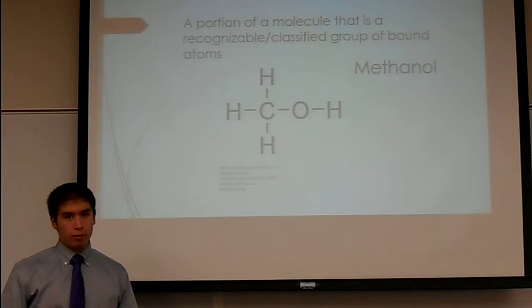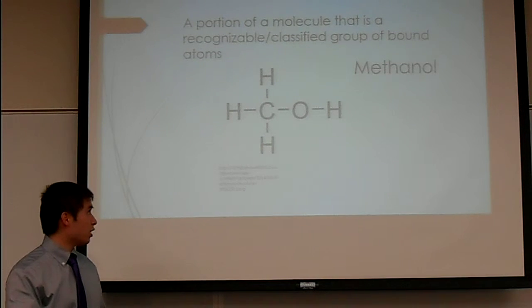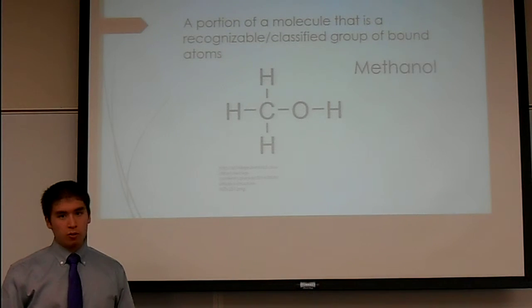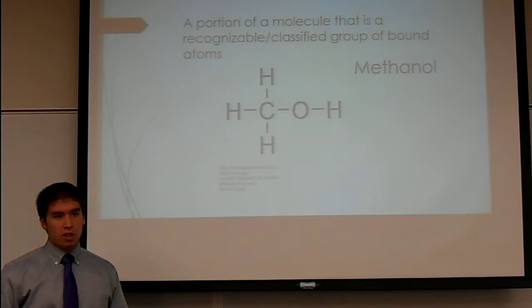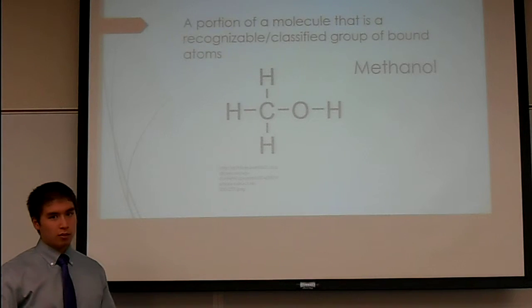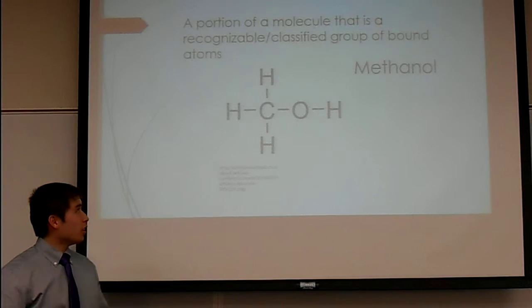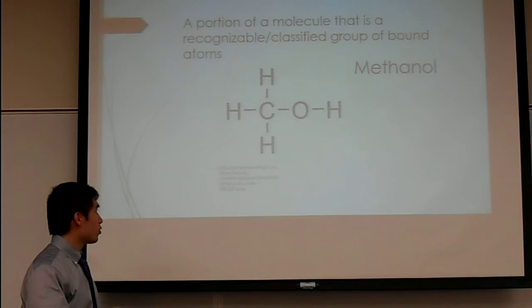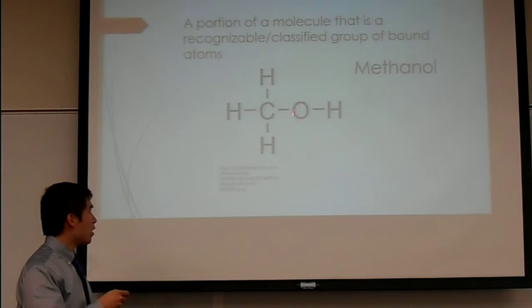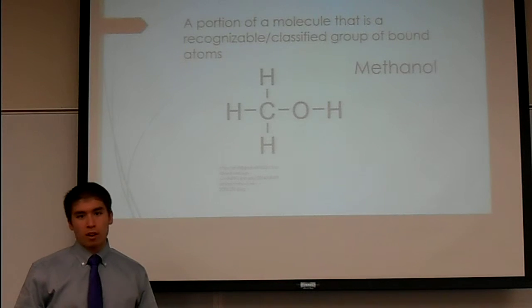Now, to go over what a functional group is, I'm going to be using the example of methanol, and according to ucla.chem.edu, a functional group is a portion of molecules that are easily classified in a group of bound atoms. So in methanol, the functional group is this carbon bonded to this OH, which is identified as an alcohol.